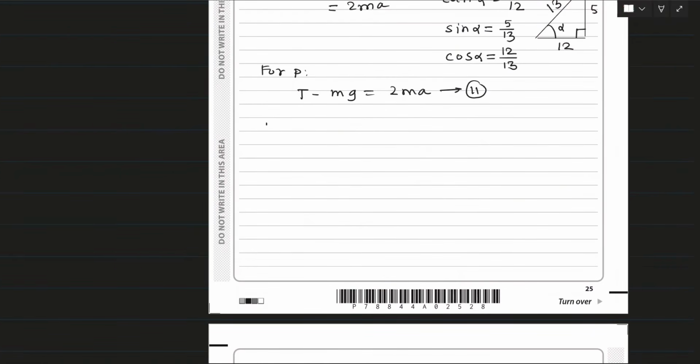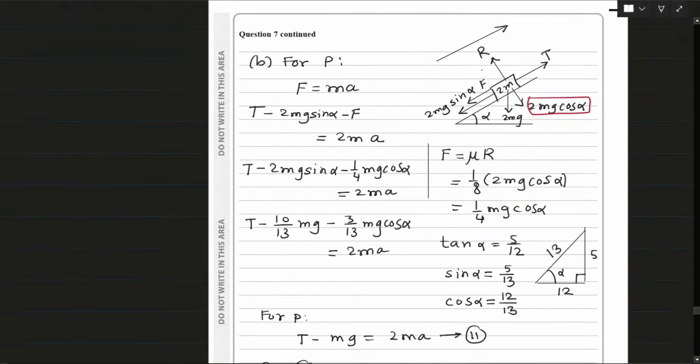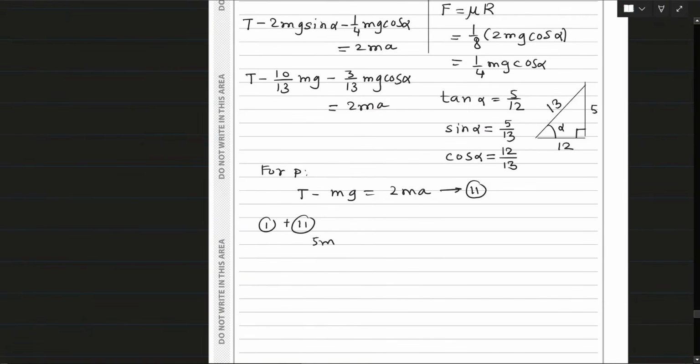So what we're doing here, we are adding equation 1 and equation 2 together. We know that equation 1 was like this, and we know that equation 2 is like this.